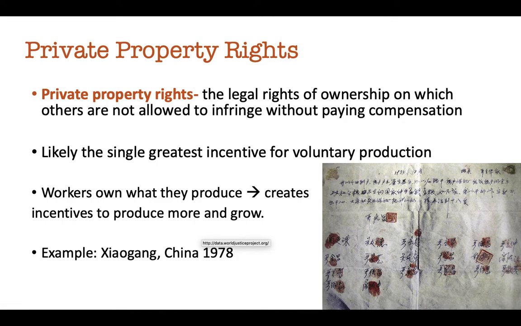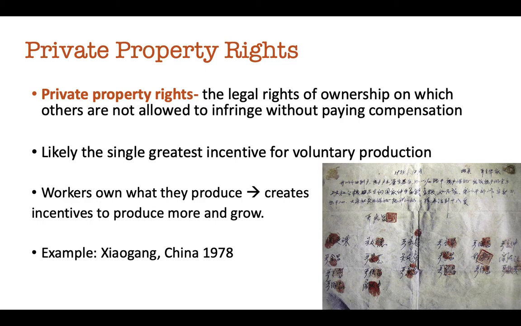So our second institution is private property rights. Private property rights are legal rights of ownership. So that means you privately own things. It's really key for having trade happen because it allows you to exchange something that you privately own for something someone else privately owns. And if you don't have that right of individual ownership, if things are owned collectively, there's not a lot of incentives to trade.